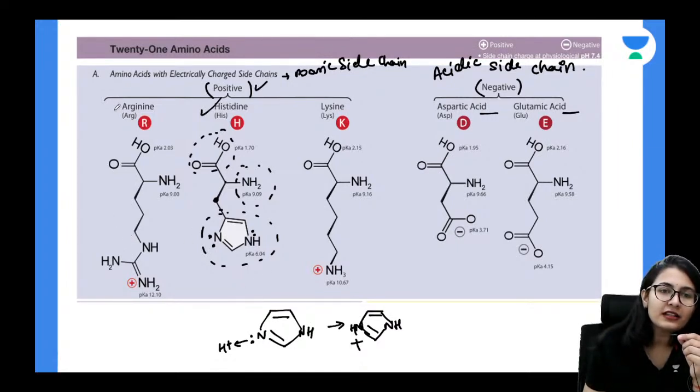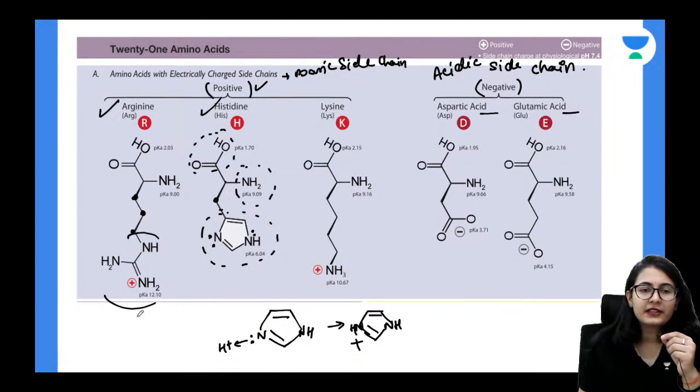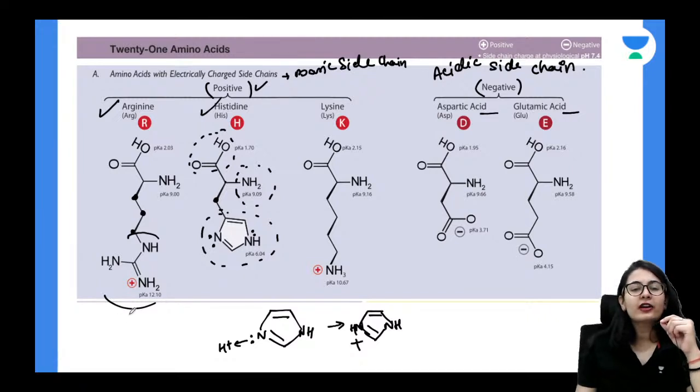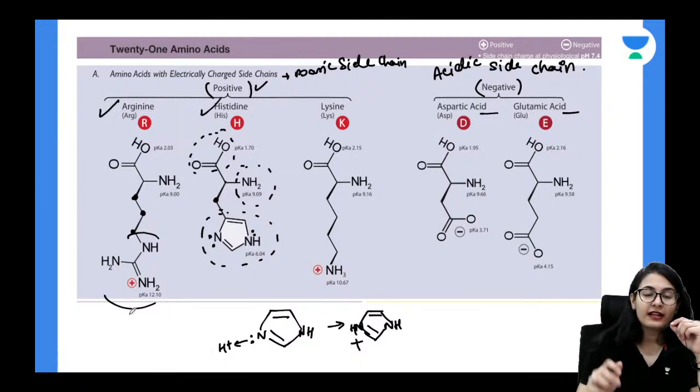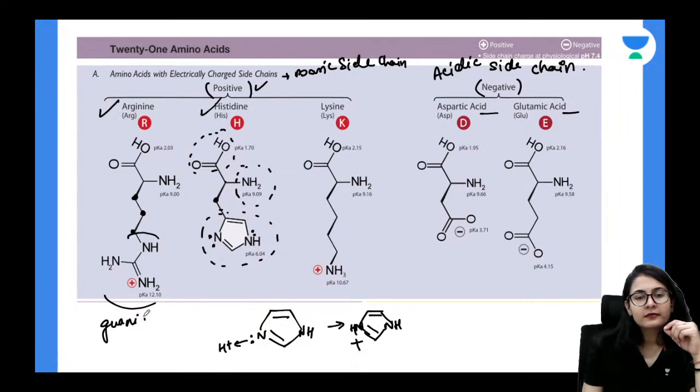Simply in the arginine molecule, you are having 1, 2 and 3 carbons in between and after that what is there, look, guanidine system. Isn't it guanidine? Look at this. Yes, all the nitrogens are going to give you similar resonating structures. Guanidine side chain.